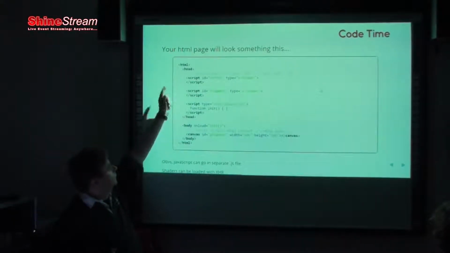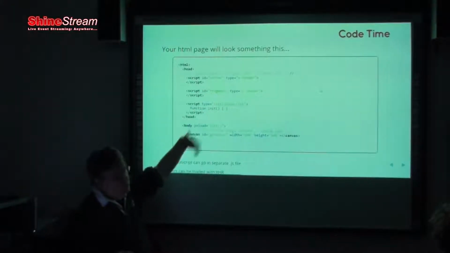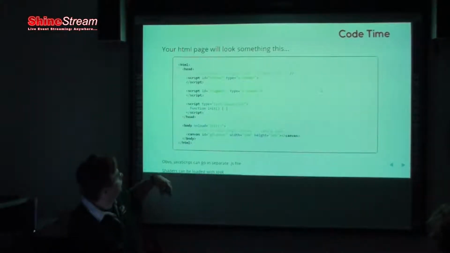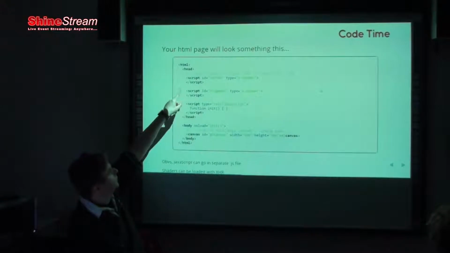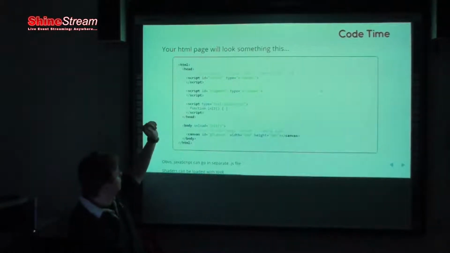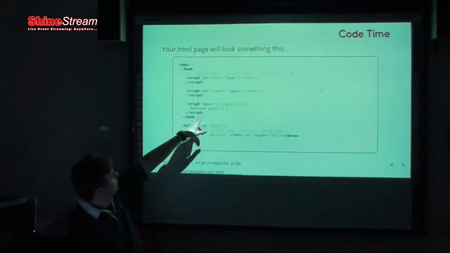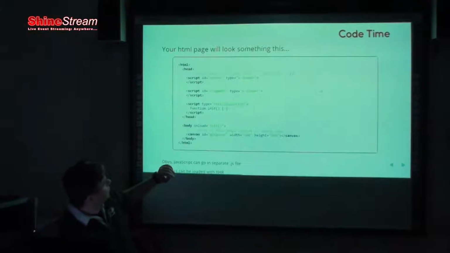So you've got your scripts here, which are going to be your fragment shader and your vertex shader, which you're going to compile into a single shader program, and then you'd have your script here, for example. Obviously, you could break that up any way you want to. You could load these using an XML HTTP request if you wanted to, and that you could just do as a separate JavaScript file if you so desired.